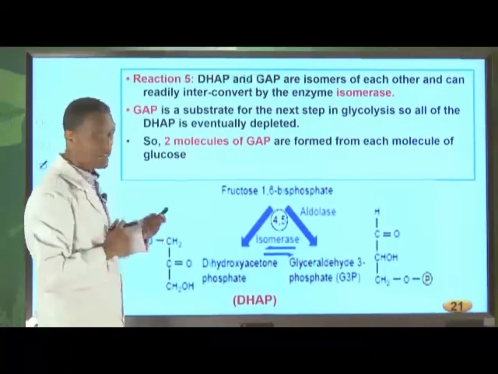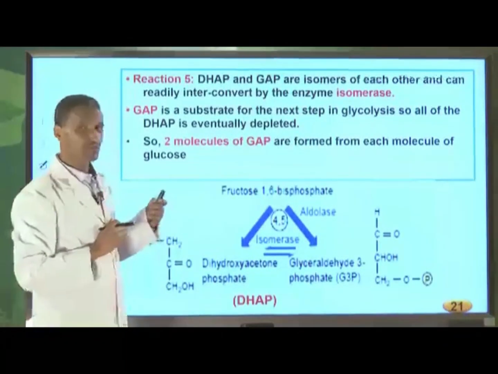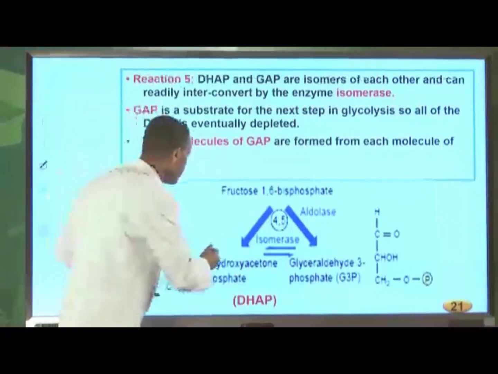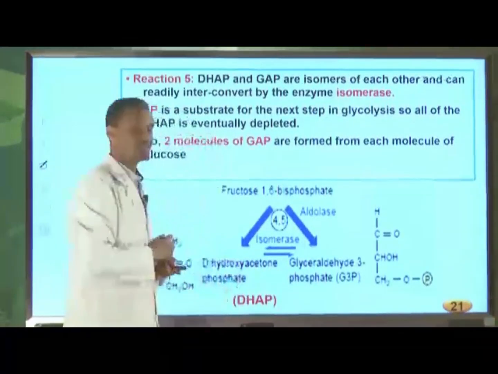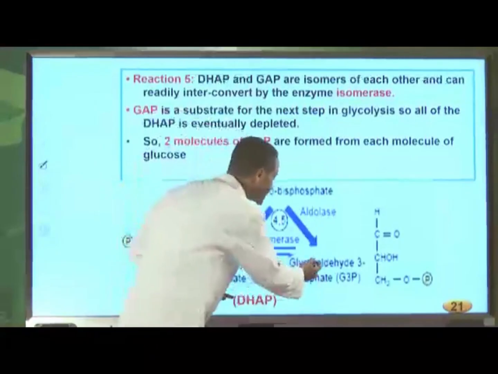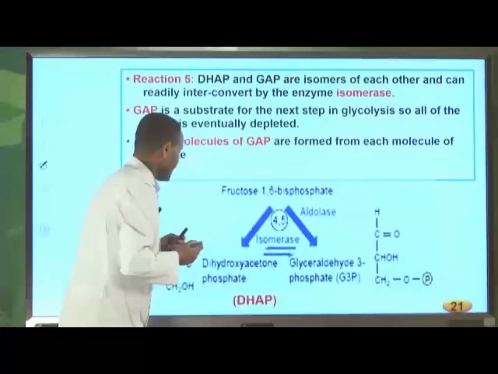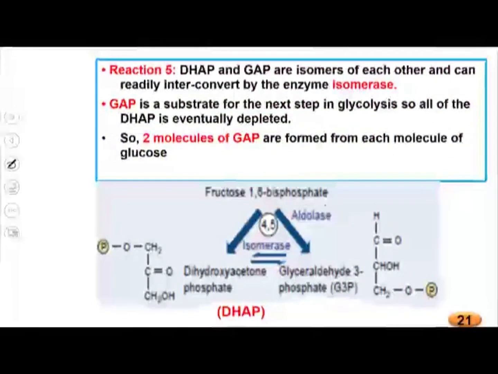Reaction 5: in reaction 4, two 3-carbon compounds are formed, dihydroxyacetone phosphate and glyceraldehyde 3-phosphate. But dihydroxyacetone phosphate is not important for the process of cellular respiration.